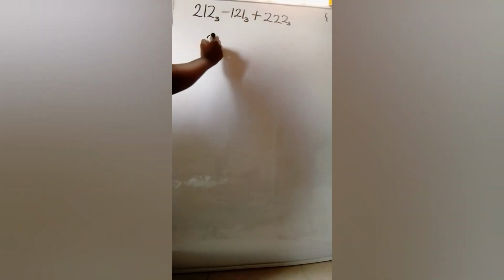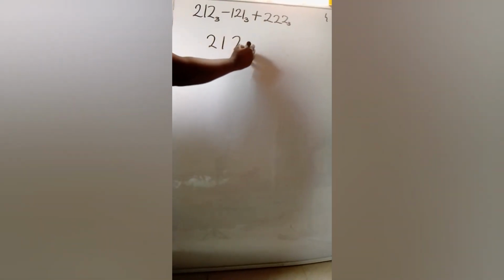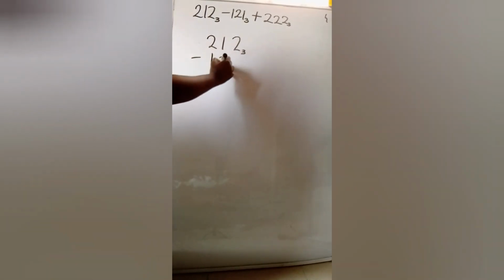Let's first start with the subtraction: 212 base 3 minus 121 base 3.